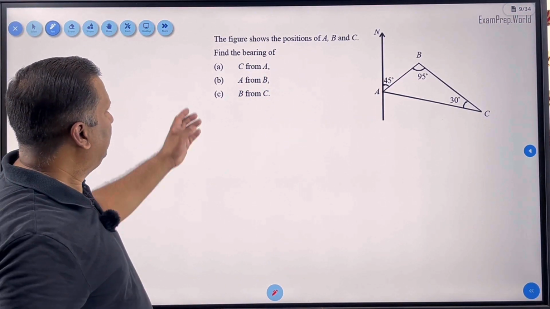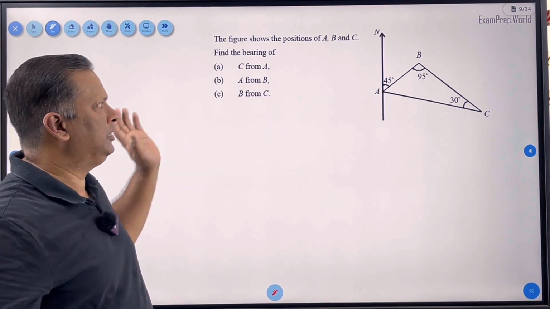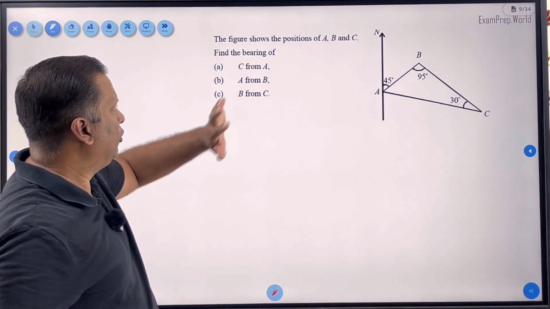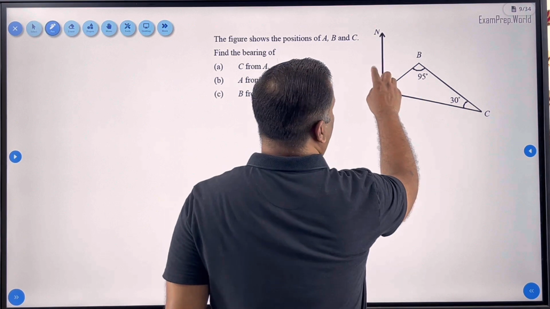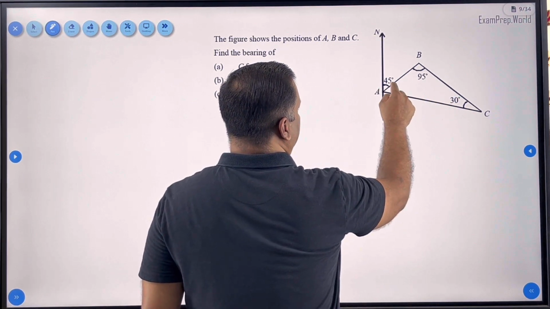The figure shows positions of A, B and C. Very basic question this one. C from A. This is 30, this is 95. How much is this angle?